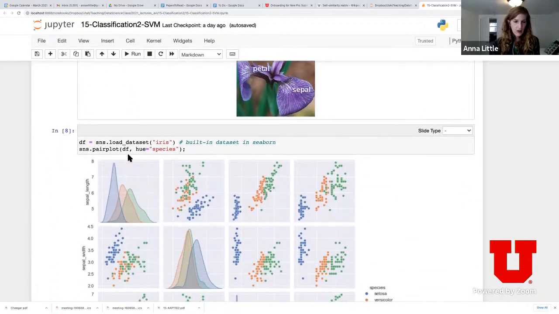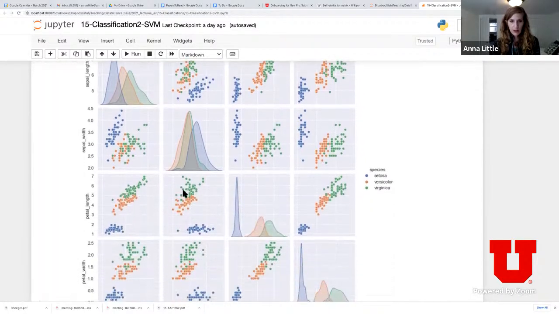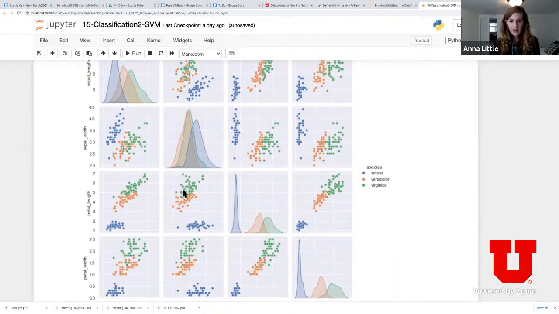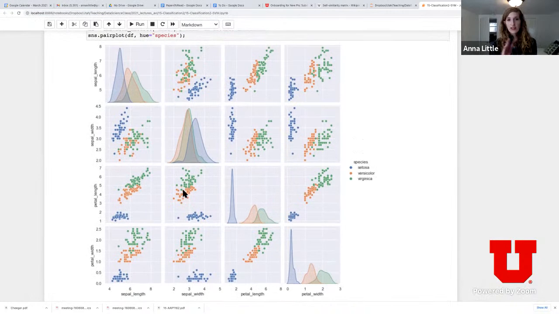We have this data set built into Seaborn, so we can just load it automatically. Then we can do the pair plot in Seaborn to visualize the data. You may remember from when we looked at this before that two of the species have a lot more overlap than the other one.